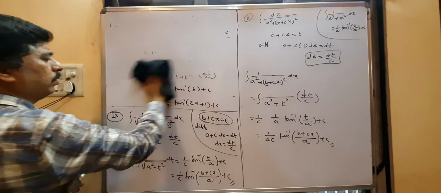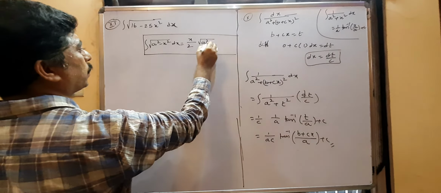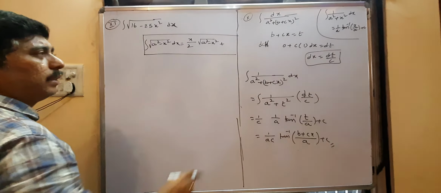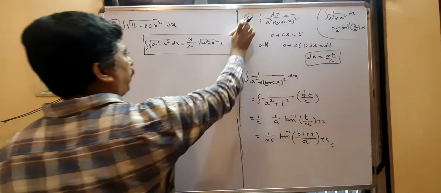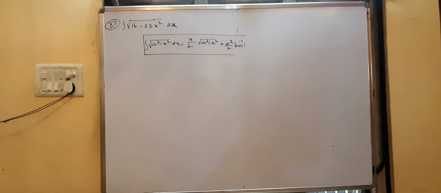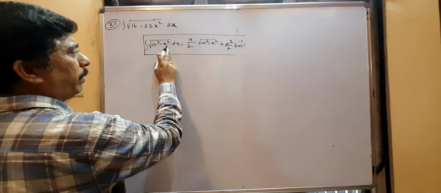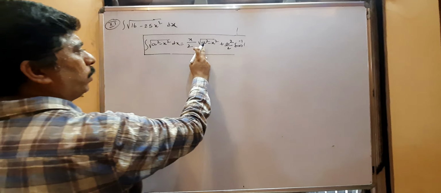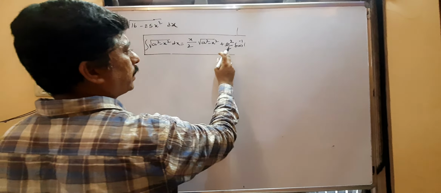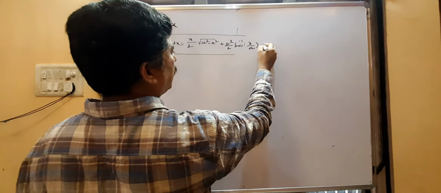What is the formula here? x by 2 into root of a square minus x square plus a square by 2 into sin inverse of x by a plus c. Again I am repeating: integral of root of a square minus x square dx equal to x by 2 into root of a square minus x square plus a square by 2 into sin inverse of x by a plus c.